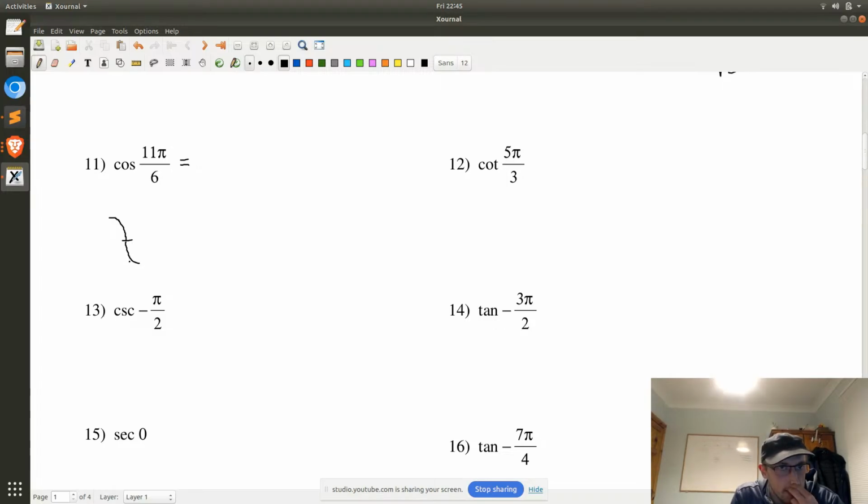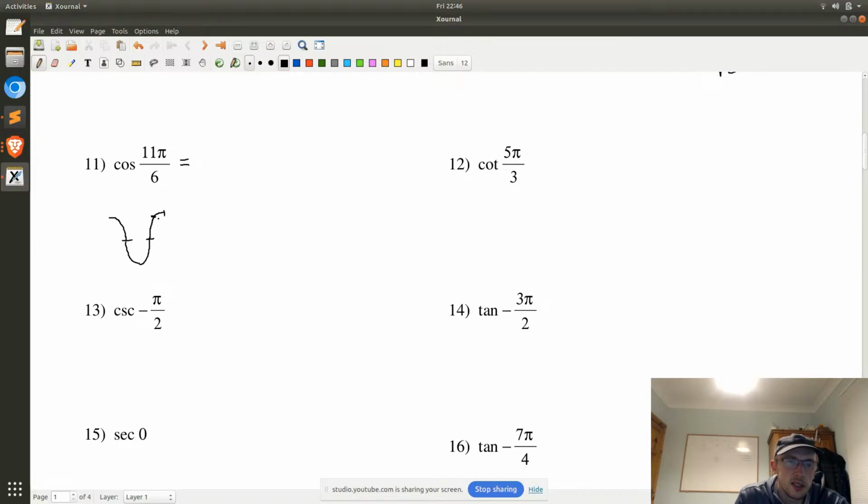And pi is 180, sorry. And then it goes back up. So then it goes to 9 pi over 6. And then there.